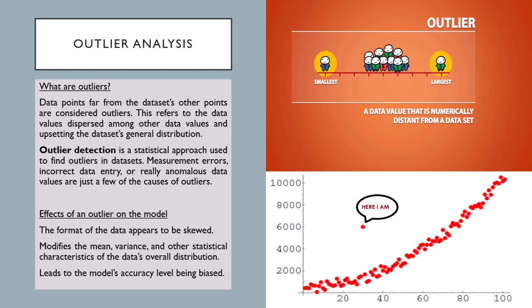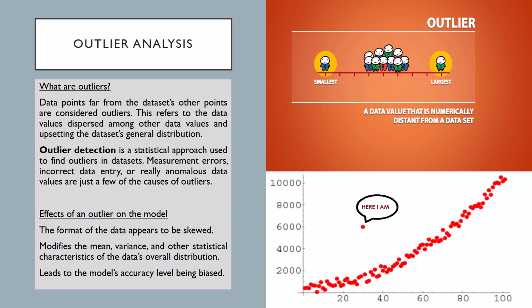It doesn't approximate a normal distribution. So outlier detection is a statistical approach used to find outliers in the data set. Measurement errors, incorrect data entry, or really anomalous data values are just a few of the causes of outliers.